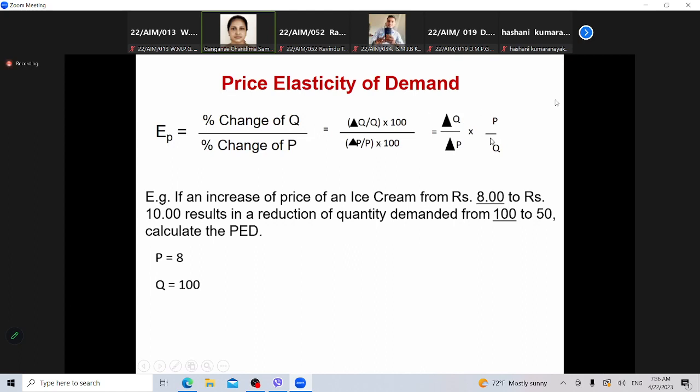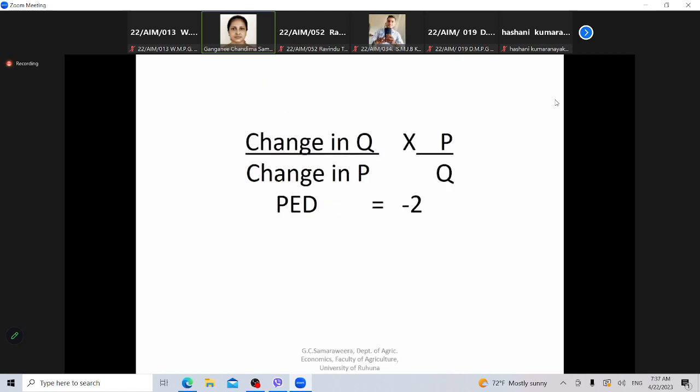Today we also summarize all calculations for your easy understanding. Change in Q, change in P, multiplied by P divided by Q, gives the price elasticity of demand.